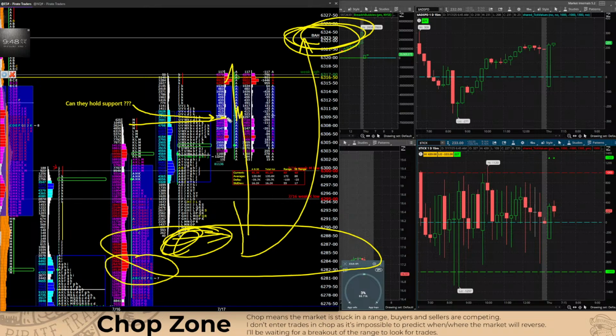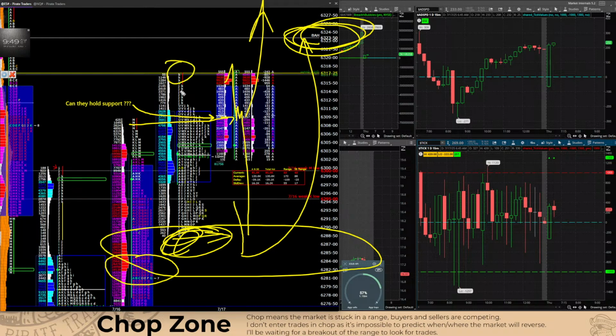Support at the previous day's high would be a trade for that momentum, or support at the overnight high would be a trade for that momentum. Not as good of an entry as the overnight low in terms of risk to reward, but still a high probability opportunity. Just food for thought.